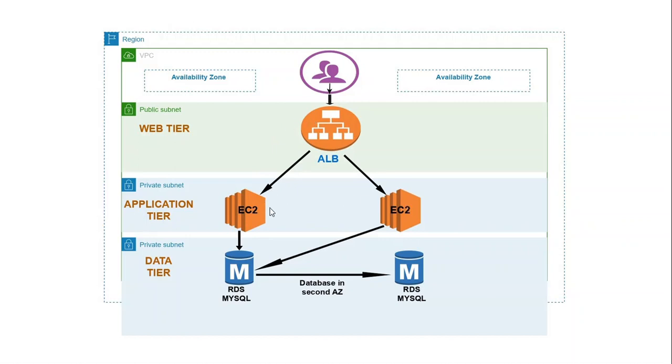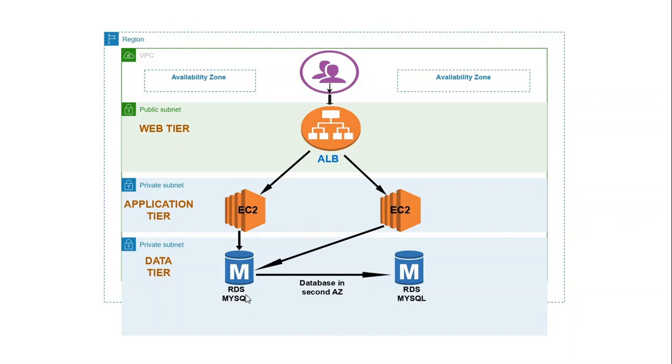Like I explained in my previous slide, there will be communication between the application tier and the database tier. This is the data tier, also in a private subnet. There will be communication between the servers and the database.